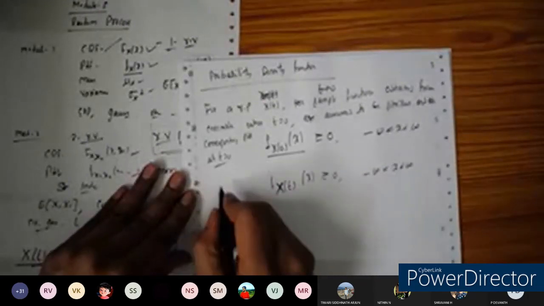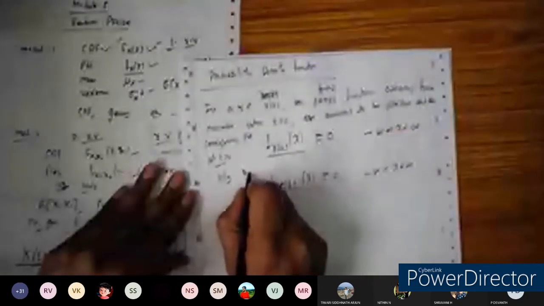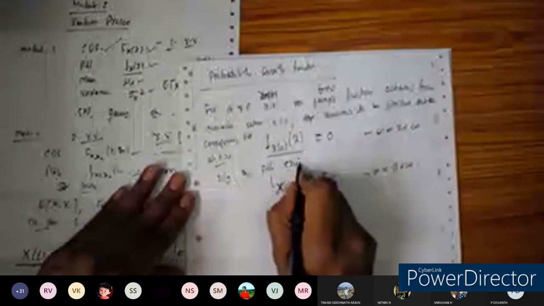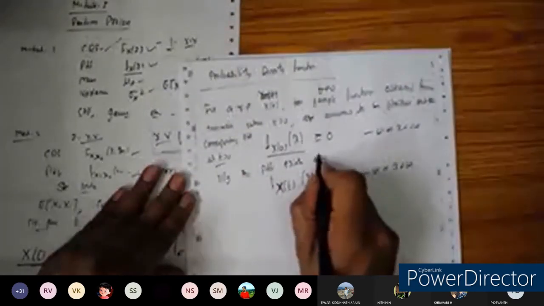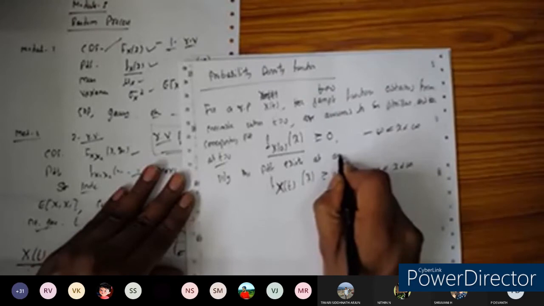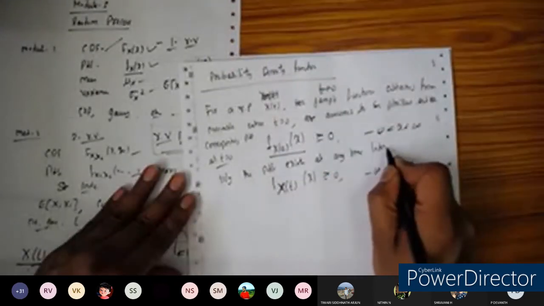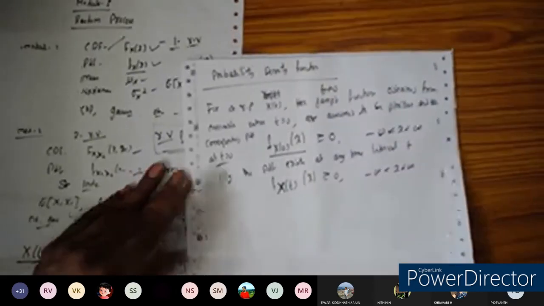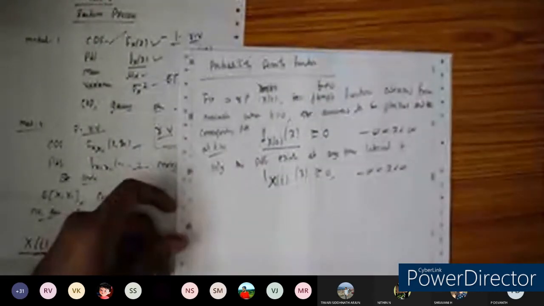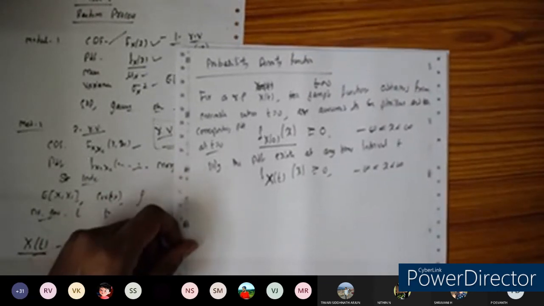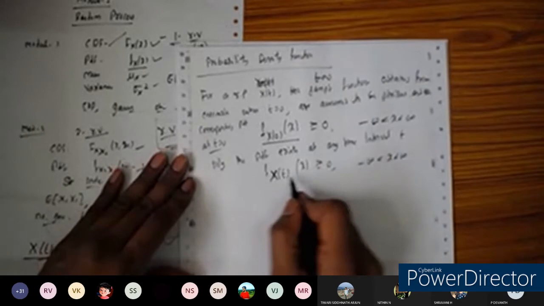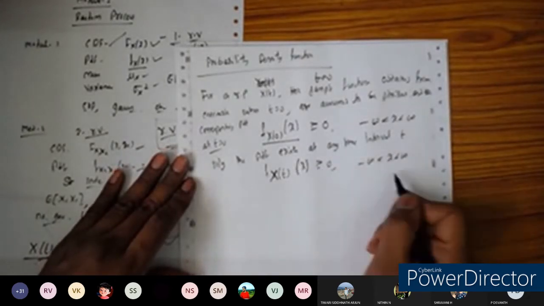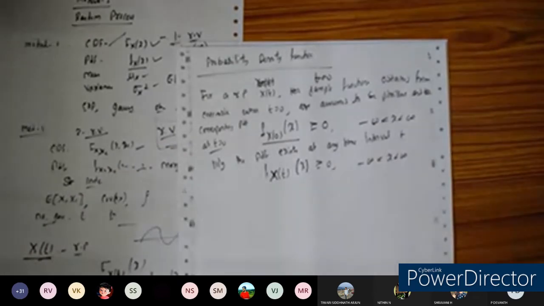Similarly, the PDF that exists at any time interval t is given by fx of t of x, greater than or equal to 0, where x goes from minus infinity to plus infinity.